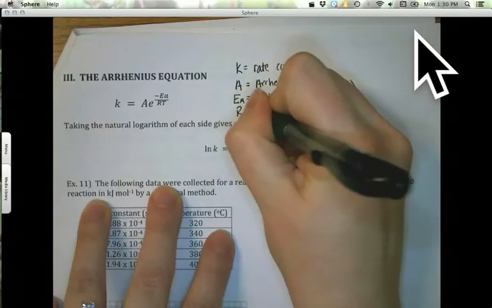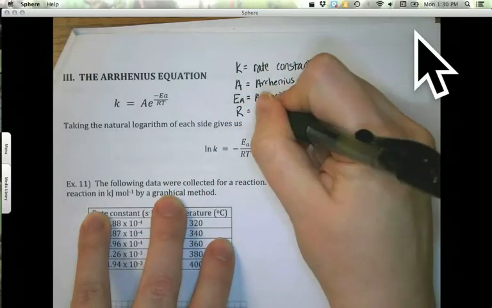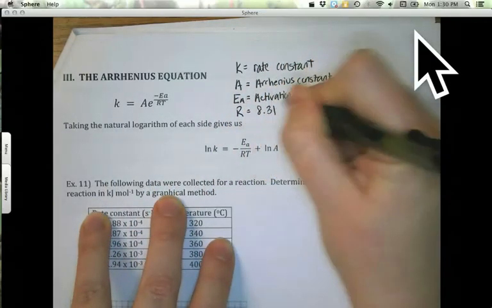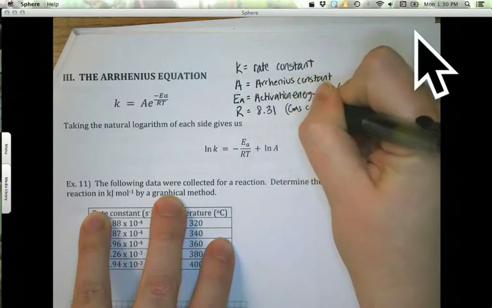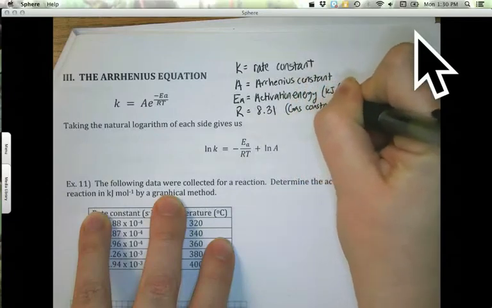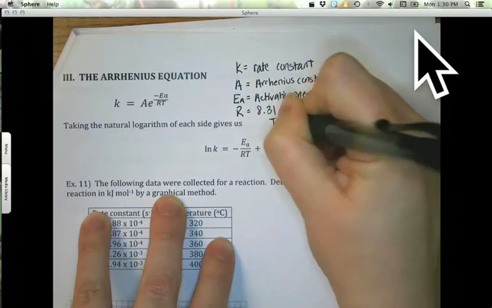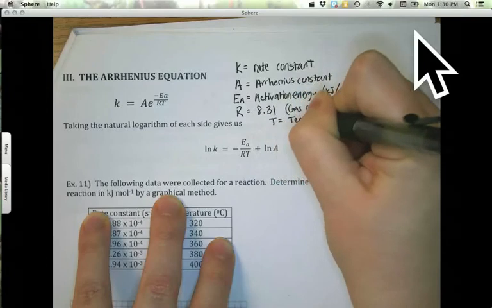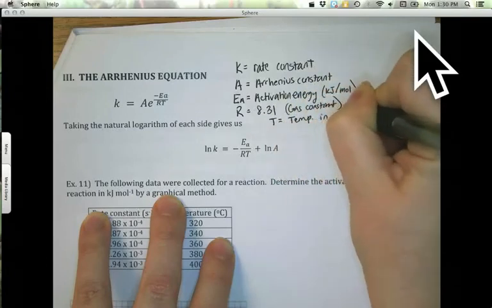R is your gas constant, that 8.31. And T is temperature in Kelvin.